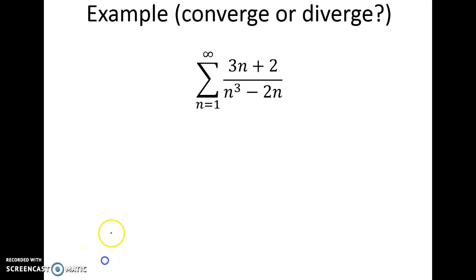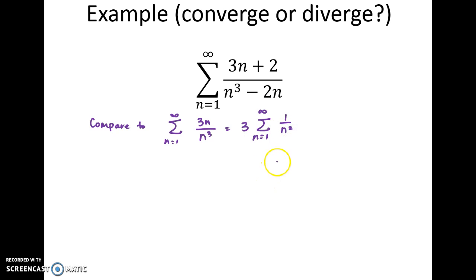Okay, so step 1, I'm going to compare to the sum of 3n over n cubed, which is the same thing as 3 times 1 over n squared, which converges by the p-series test, because now the exponent is 2, so that means it converges.